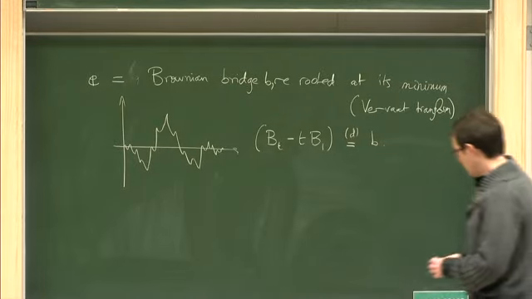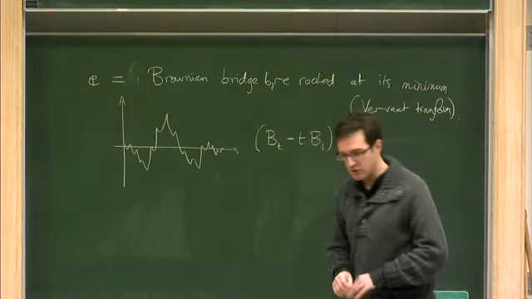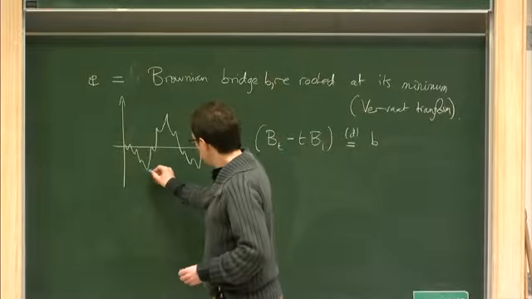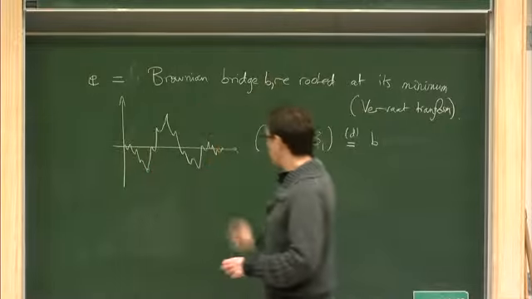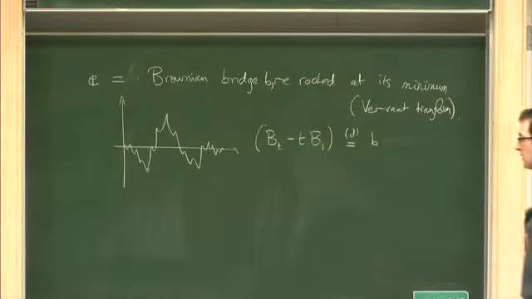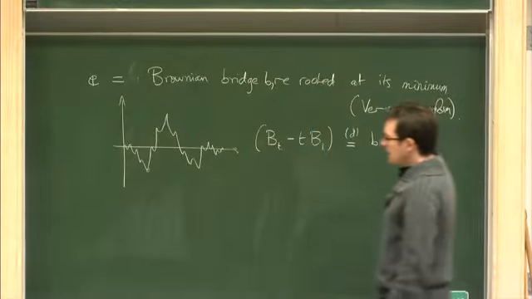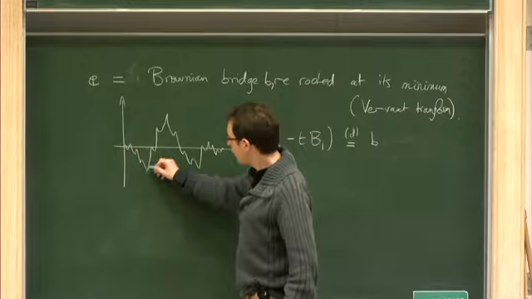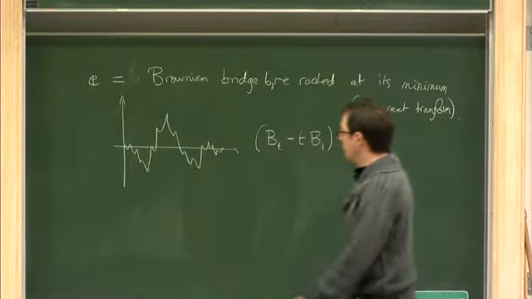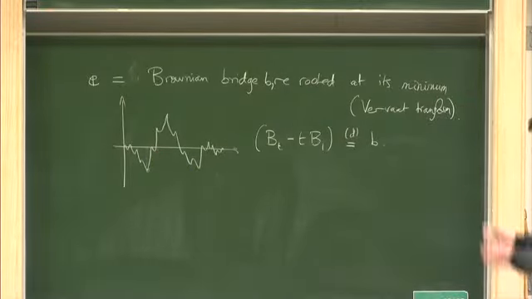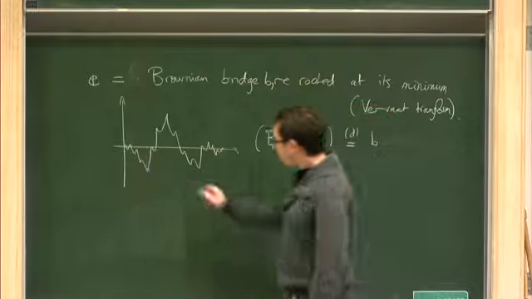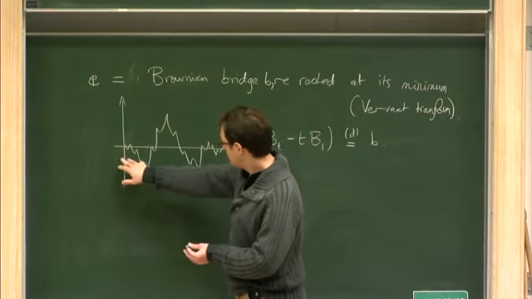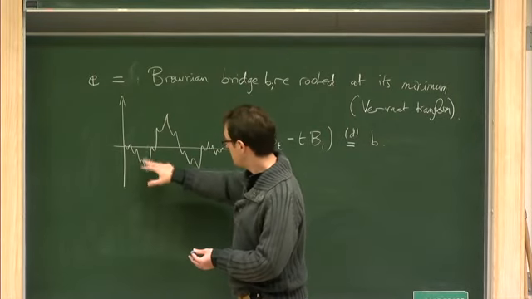From the path properties of Brownian motion, you know that whenever it attains a local minimum on a compact interval, it will attain it only once. So there is only one time where the overall minimum of this Brownian bridge is attained, and then you can exchange the left path before the minimum and the right path.